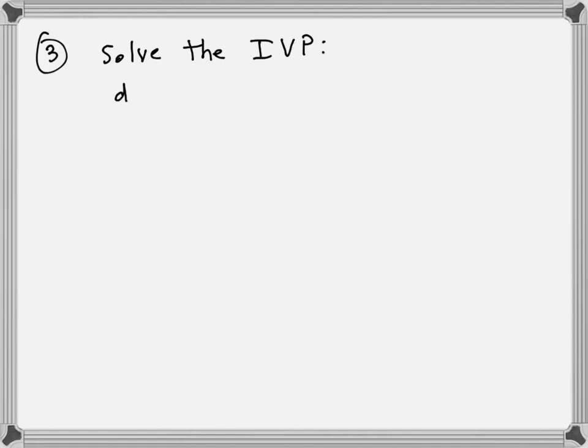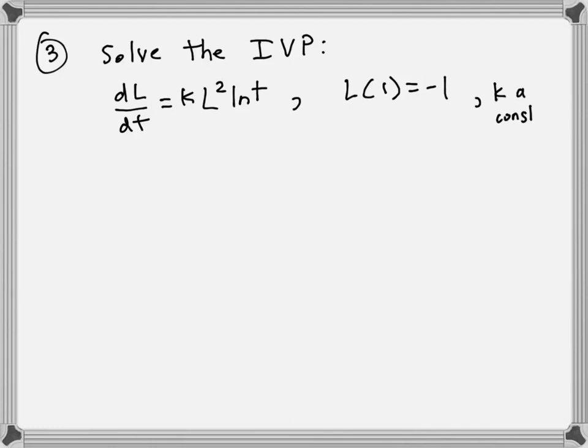This is going to be our first initial value problem that we're solving. dL dt is equal to k L squared ln of t, where L of 1 is equal to -1. I just want to say here that k is a constant. So don't let the fact that k is a variable confuse you. K is any number. It could be the number 5, the number 7, it doesn't matter. But it's not a variable.